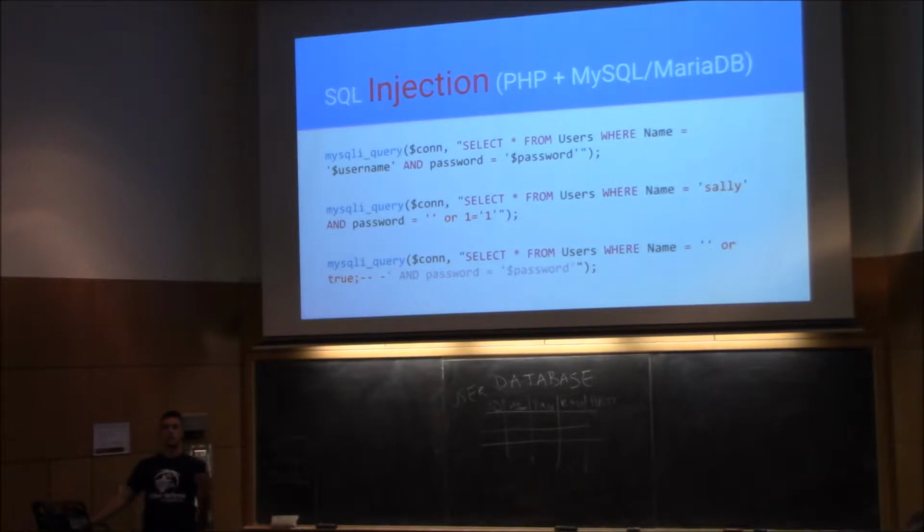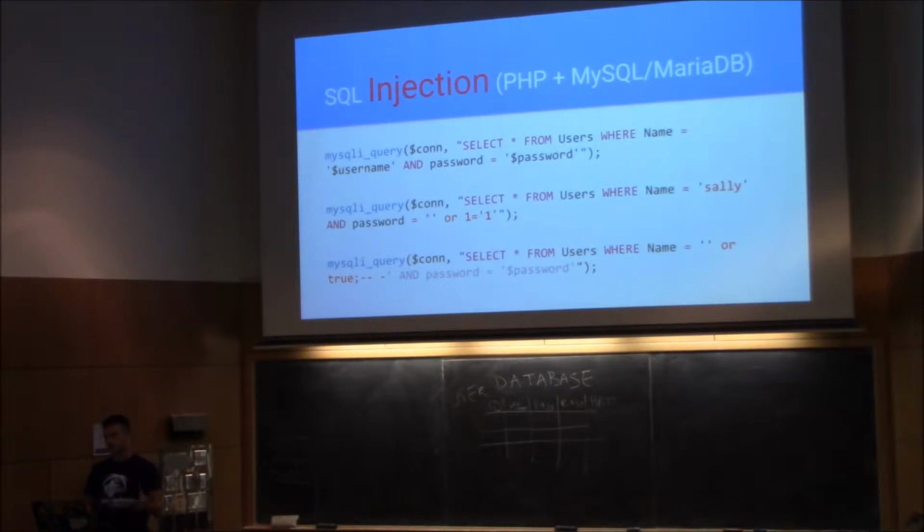Well, 1 equals 1 is always going to evaluate to true because it equals itself. So you're saying, select all the information from the Sally user without needing a password. So you're skipping that requirement. And that is pretty much SQL injection at its prime right there.